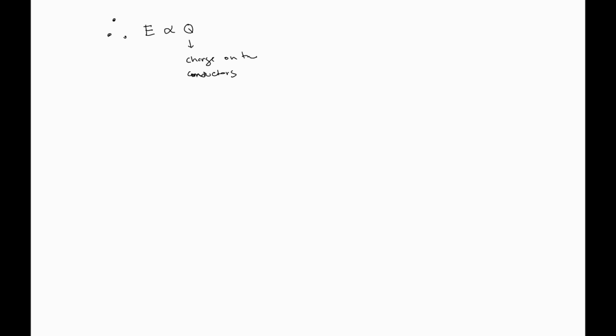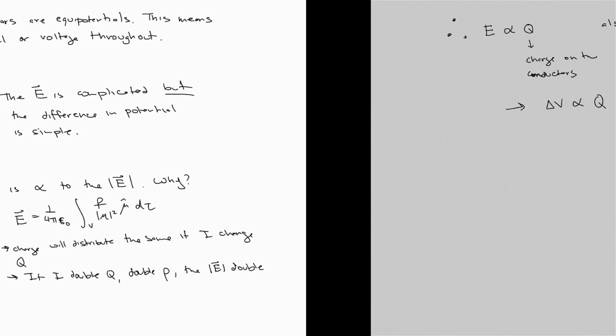Okay, I also know that our change in voltage is proportional to this line integral of the electric field dotted along some line. If I put the two together, then I know that the difference in potential between these two conductors is also proportional to the charge on them.